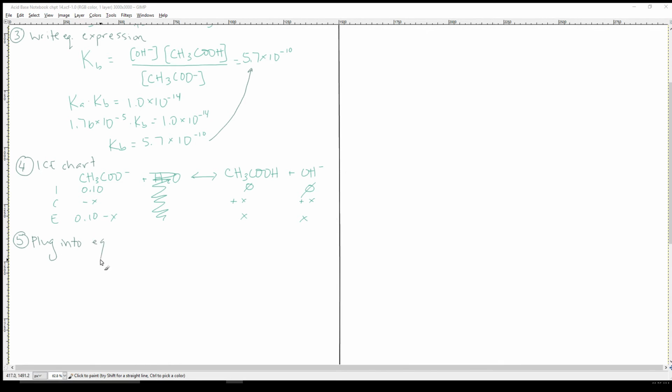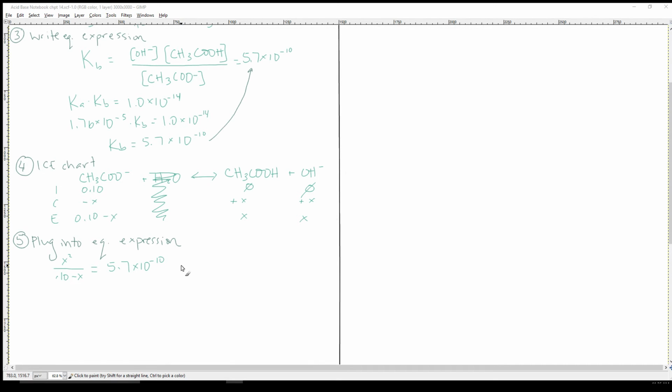Because I want to figure out some concentrations. So let's see. I know that x squared over 0.10 minus x is equal to 5.7 times 10 to the negative 10. I'm plugging my x's into my Kb equation up above.